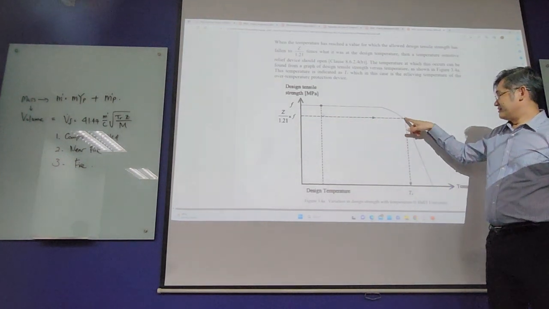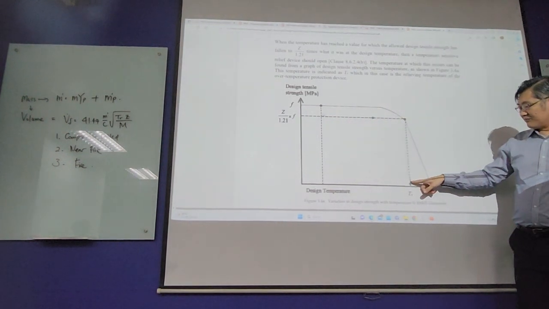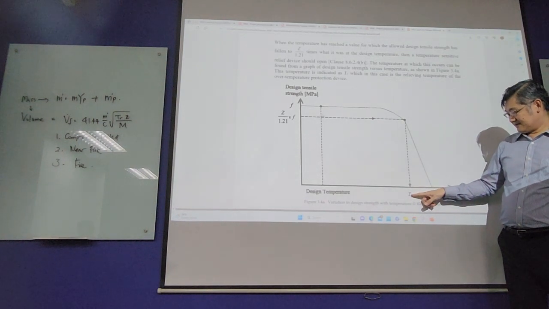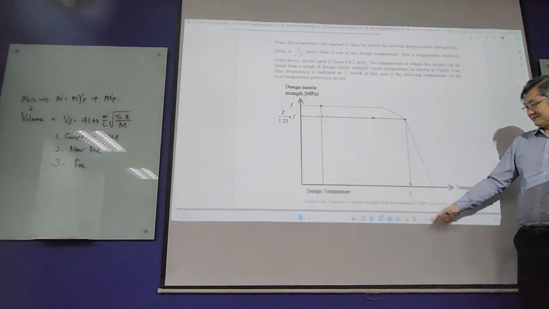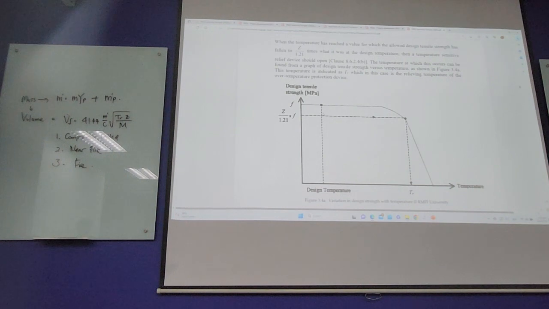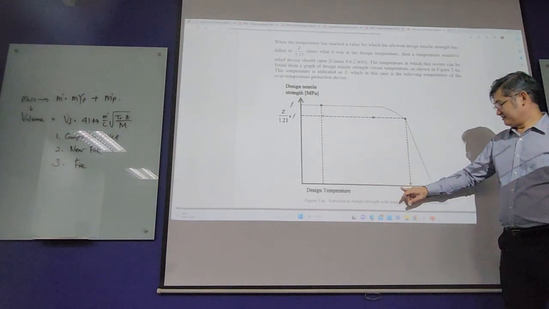And then we want to find out the temperature. This is called TR, the relieving temperature. Relieving means your safety device relieves at this temperature.